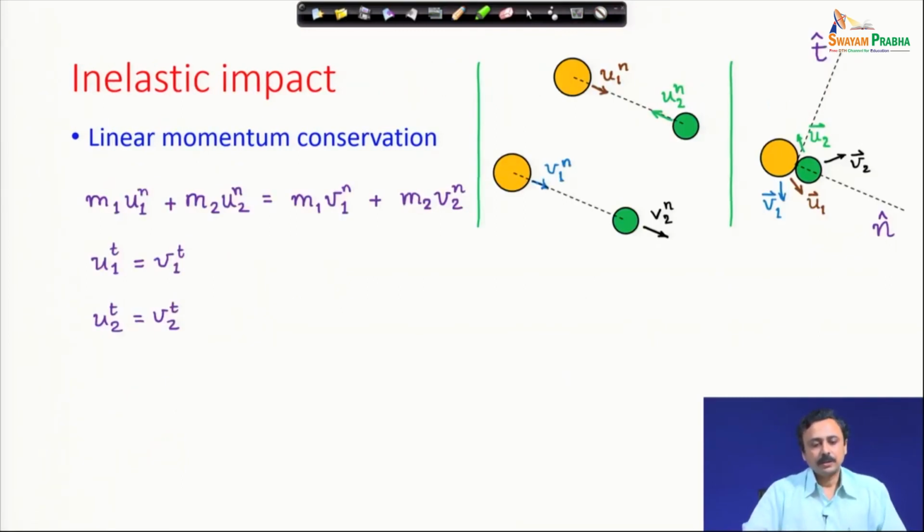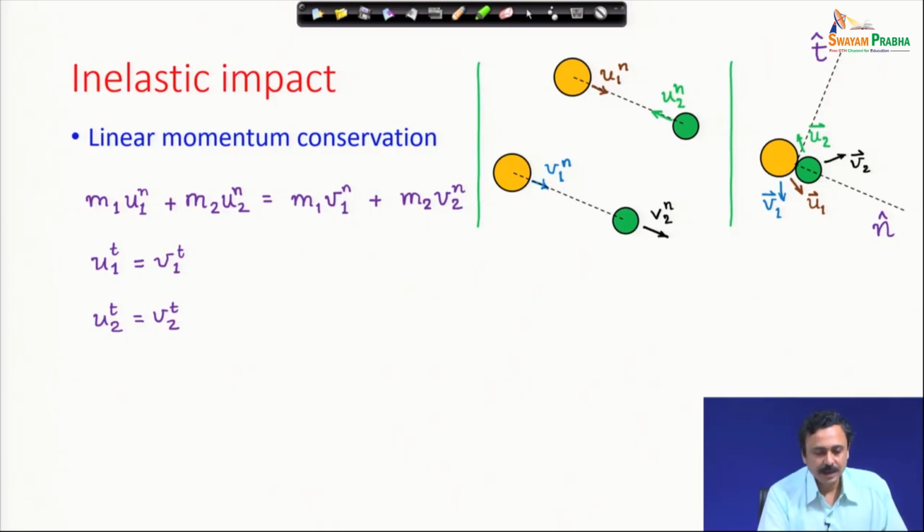Now, we will discuss inelastic impact. Linear momentum conservation is always satisfied. Remember what an inelastic impact is: you do not have energy conservation, but linear momentum conservation is always there. If you follow the same steps as we discussed for the elastic impact, then except for the energy conservation, everything else remains the same, and those three conditions I have written down.